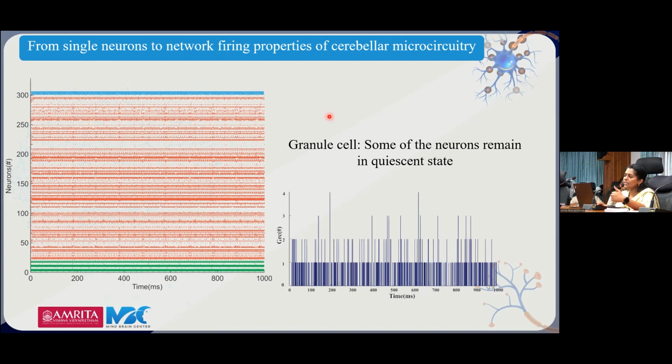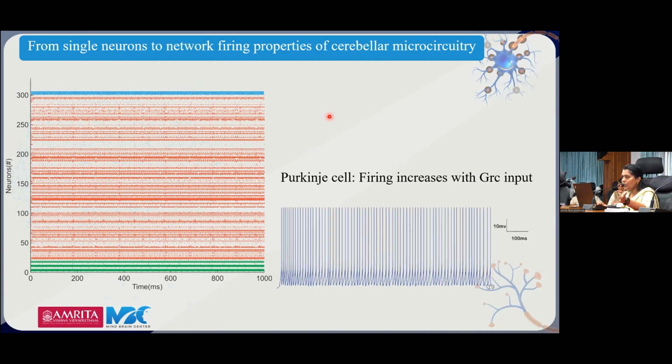That is also specified in the literature as important for learning: when you have more quiescent granule cells, more learning is known to happen. And the Purkinje cell increases its firing rate based on the granule cell input that comes in.